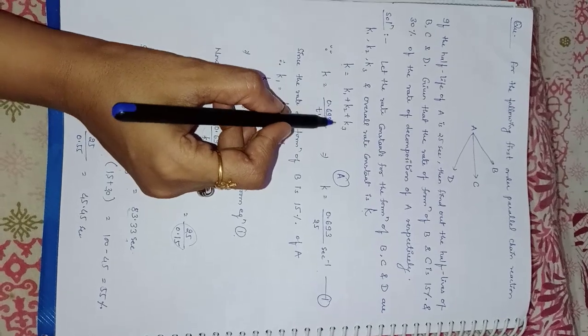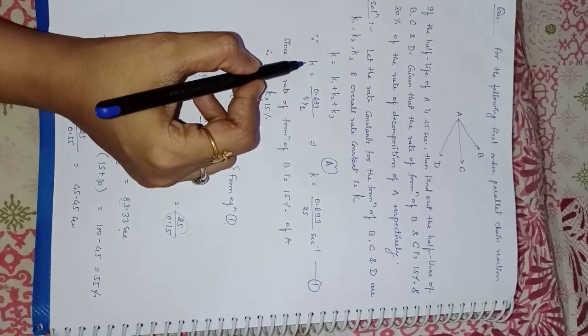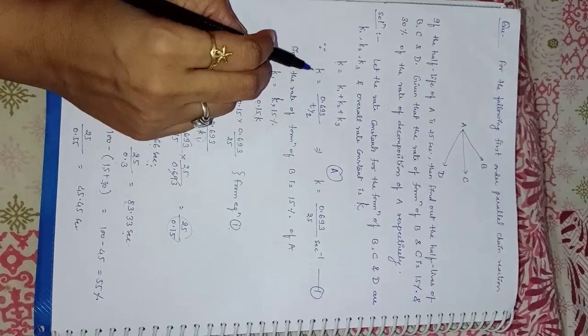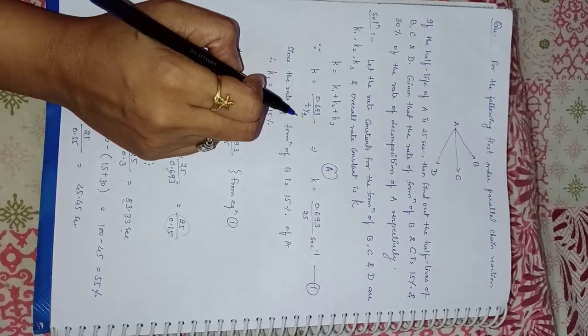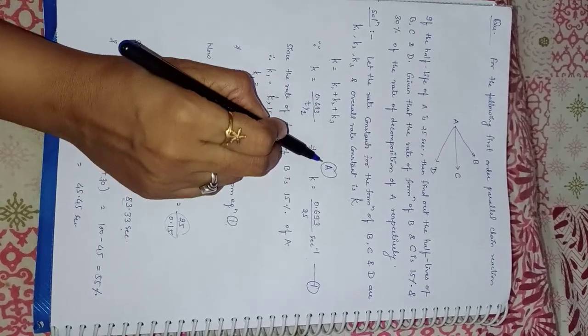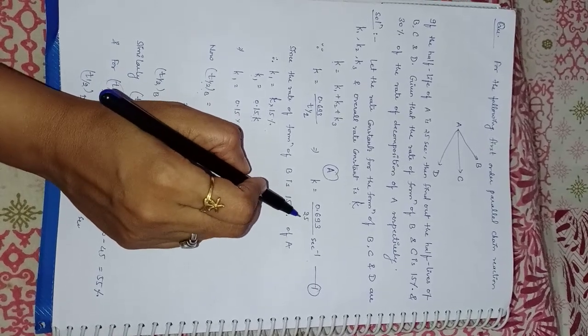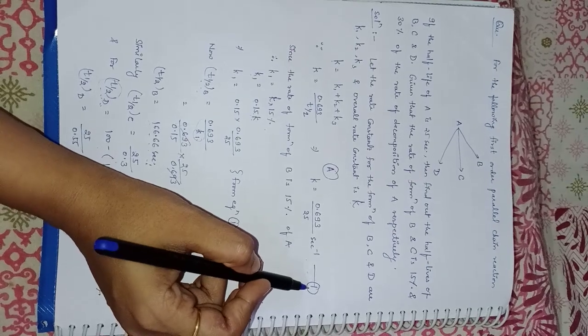And since the reaction is of first order, the rate constant equation for a first order parallel reaction when half-life is given is K equals 0.693 divided by T half. So for A, T half is 25, so here you have to put the value of T half as 25. This will be noted as equation 1.